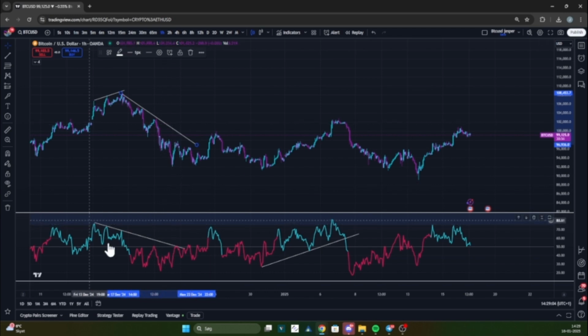So therefore, I think we have a much more truthful showing of the trend and the energy put in the market by looking at the trend lines on the RSI rather than price.